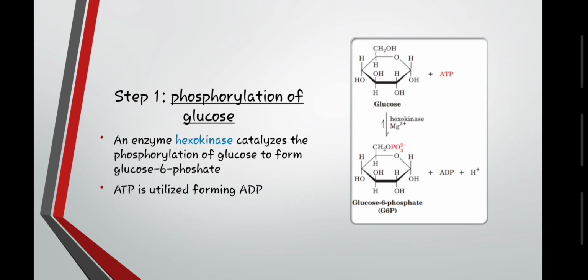This process is catalyzed by an enzyme called hexokinase, and glucose is turned to glucose 6-phosphate. The 6 just indicates the position of the phosphoryl group, which has been taken from ATP. Since you had ATP and one phosphoryl group has been taken from it, you end up having ADP.